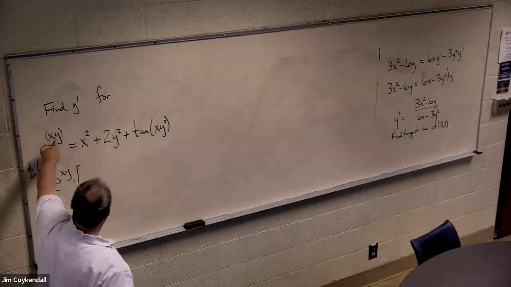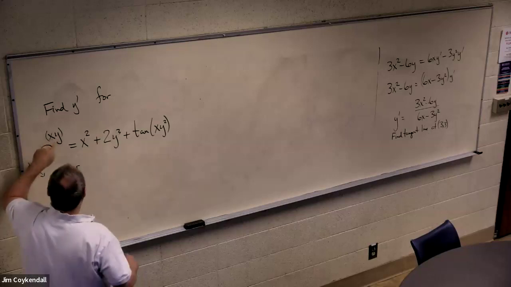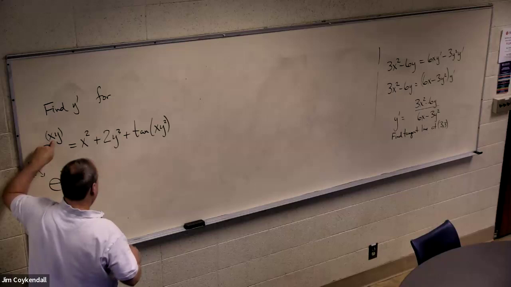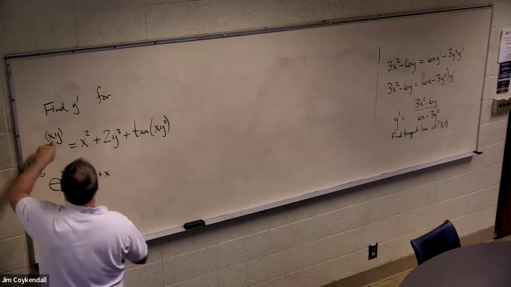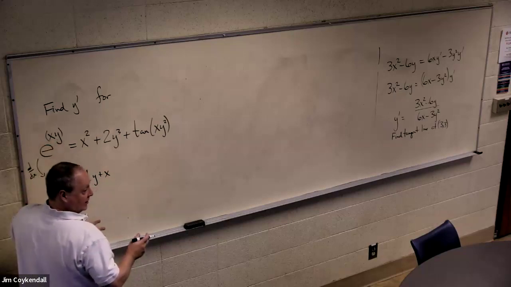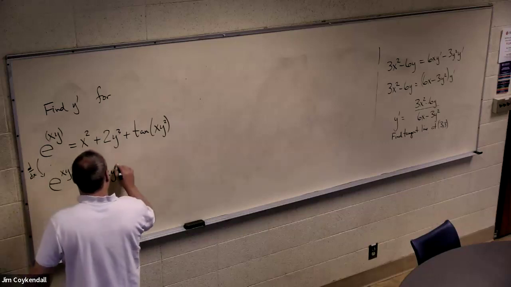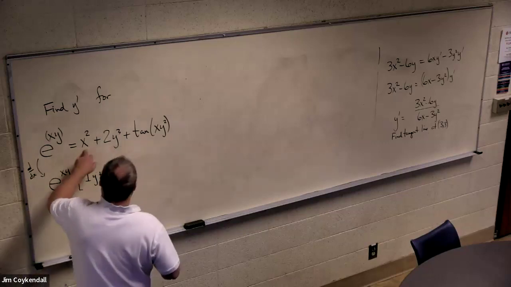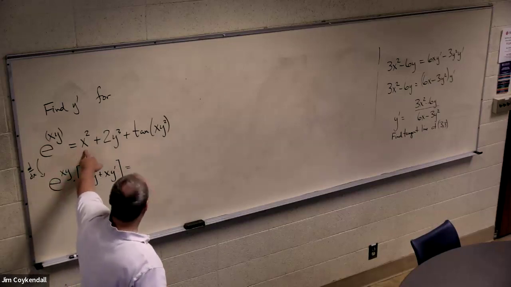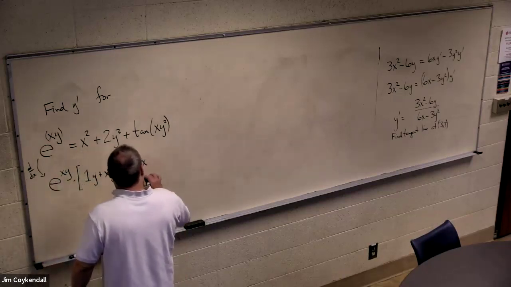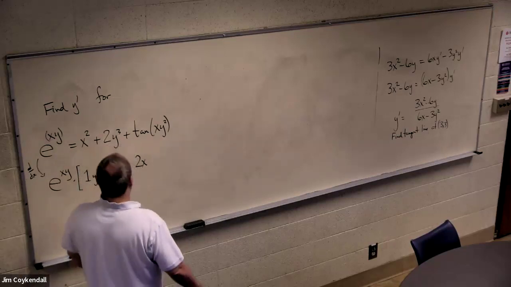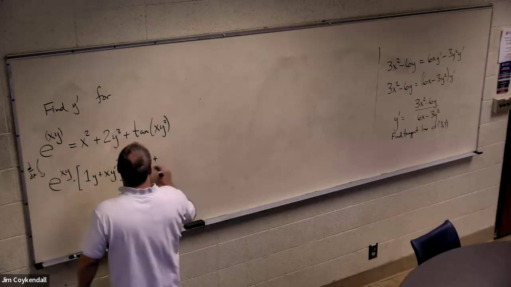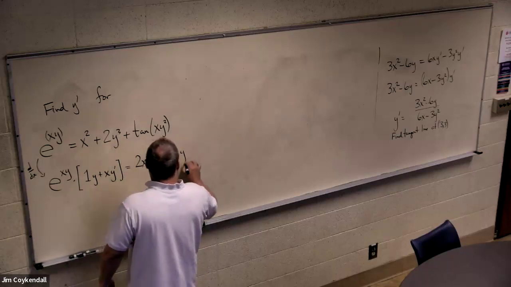So let's go through, everybody gets their term's derivative. The derivative of x is 1, times y, plus x times the derivative of y, which is y prime. On the other side, the derivative of x squared is 2x. The derivative of y cubed is 3y squared y prime.